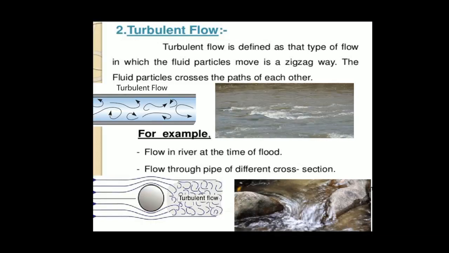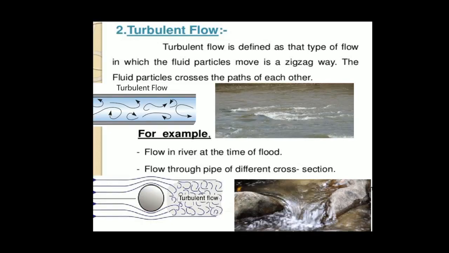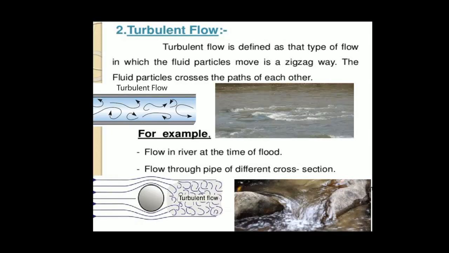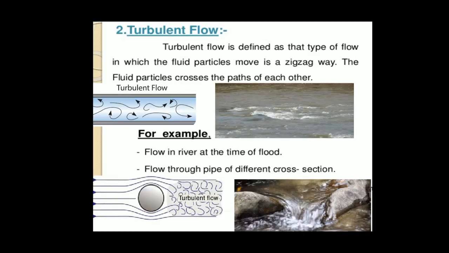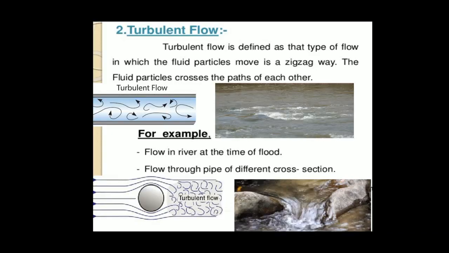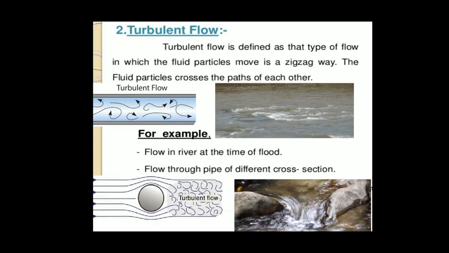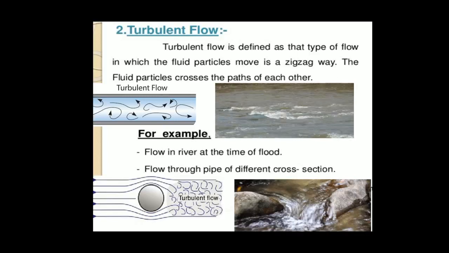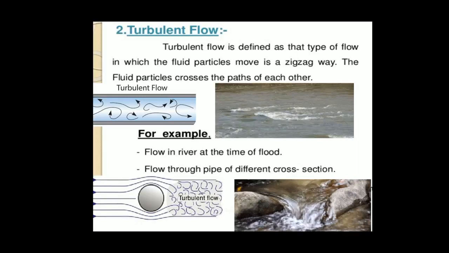So exactly we can define it this way: turbulent flow is the flow of fluid in which the velocity of all the particles crossing a given point is not the same. One particle crosses the point with velocity v1 and another particle crosses the same point with a different velocity.